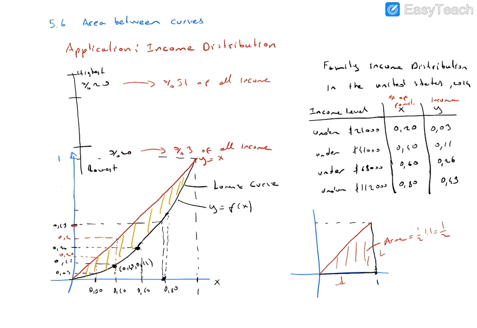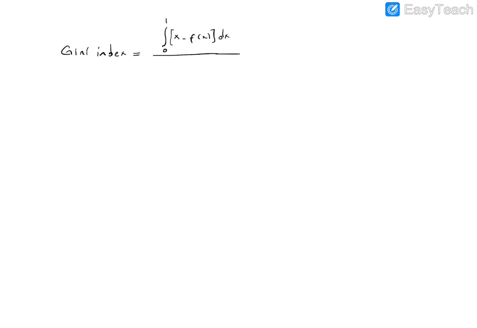So this is 1/2. So over 1/2. As a result, the Gini index is 2 times the integral from 0 to 1 of x minus f of x dx. This is called the Gini index.